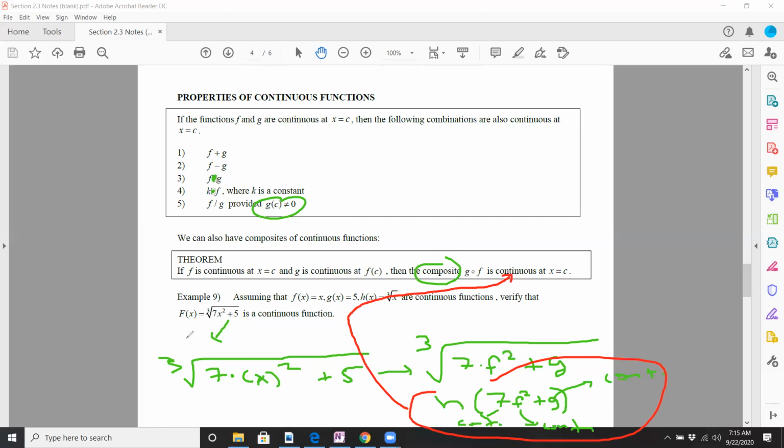I know it looks a little weird, but remember, it is a cube root after all. You can cube root whatever you want. So there's no reason why there's any breaks in this graph if you were to graph it. So that's just something to keep in mind, that if you have all the individual parts continuous and you're plugging one thing into the other, the combination of all of it is still continuous, just so you know. All right, that ends page 4 of this video.